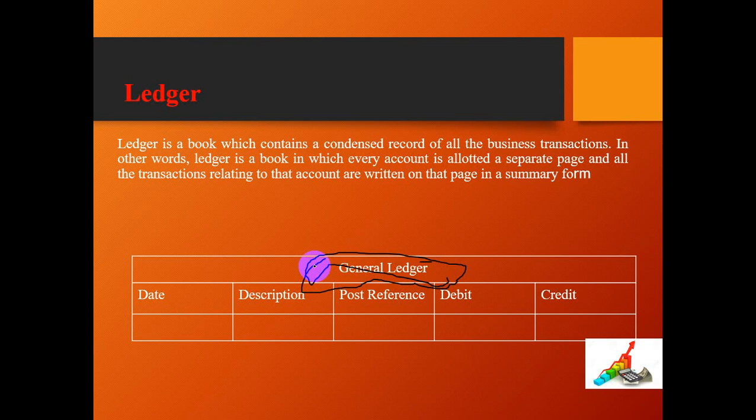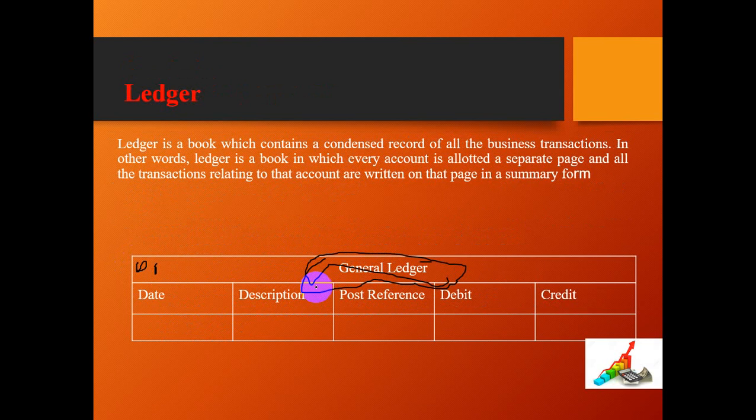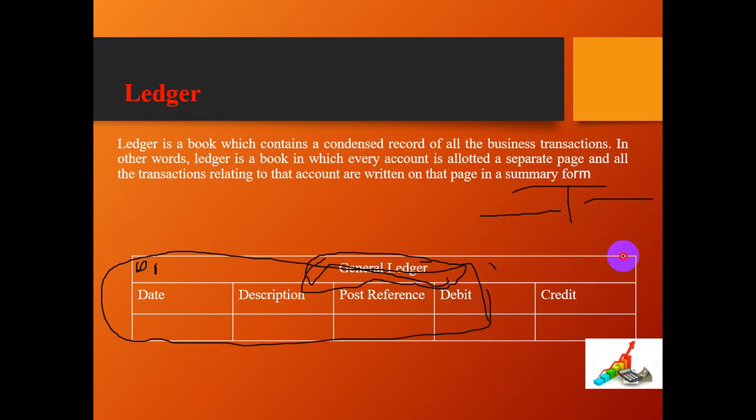So we are classifying. In this format we have the account name, on the left side debit, and then on the right side credit. Normally it is called a T account.